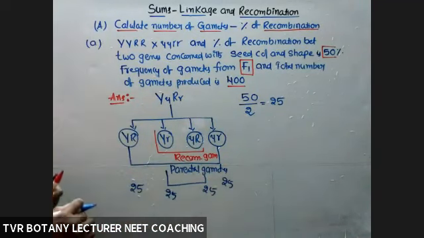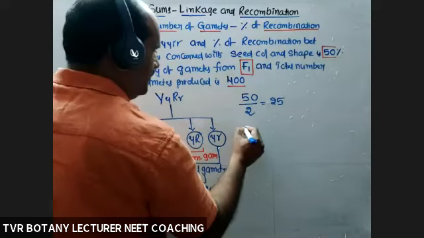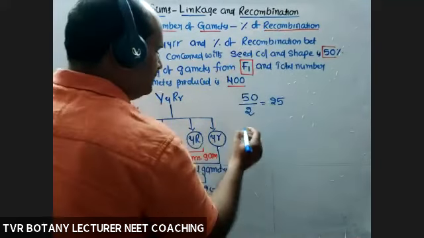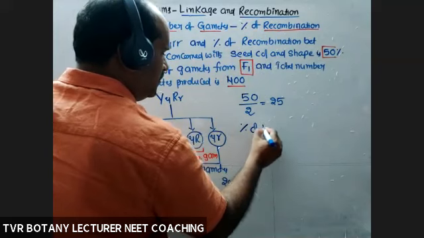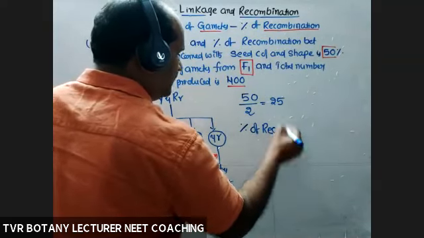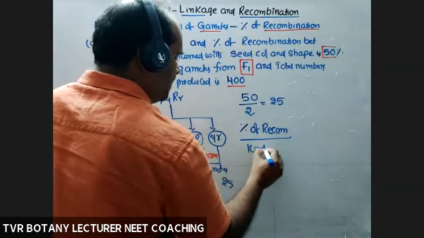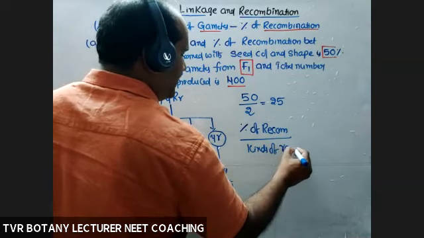So the formula for this one is: the given percentage of recombinants, given in the data, divided by the kinds of recombinant gametes.